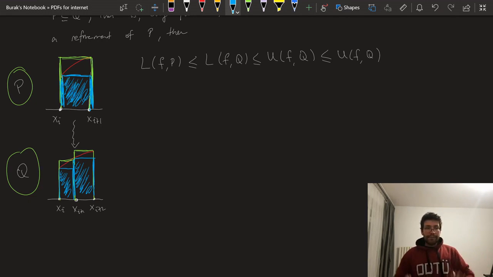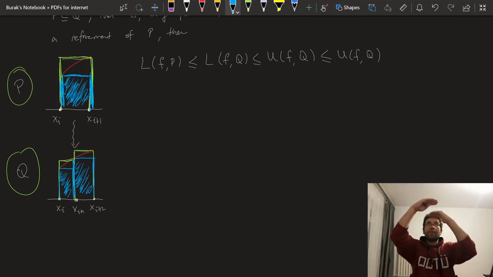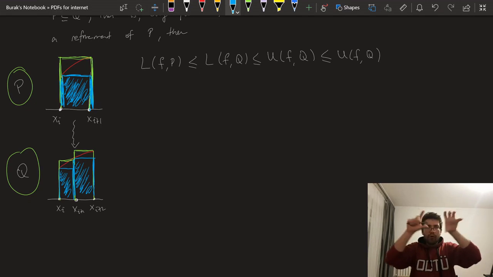So the point is, if in my partition P I have these 2 points between which there are no points, I have a certain upper and lower, like I have two rectangles here, one for the upper Riemann sum, one for the lower Riemann sum. And if I put in more points, I will have more rectangles inside for upper and lower Riemann sums.